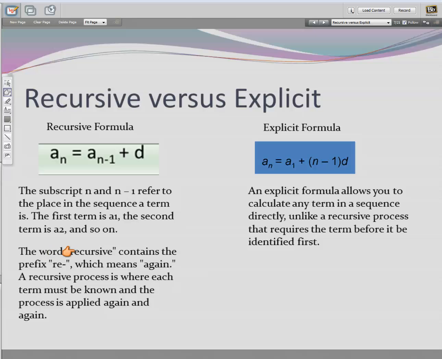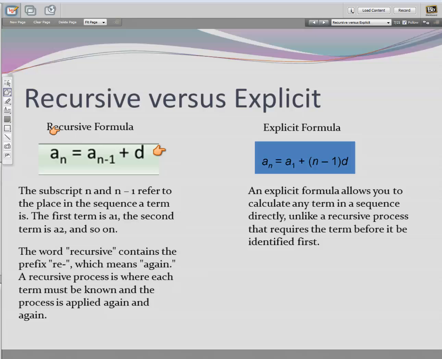The word recursive actually contains the prefix re, which means again. So it's a recursive process where each term must be known, and then the process is applied again and again. You have to know the number before it in order to get the next term. The number before it plus your common difference will give you the next term in your sequence.